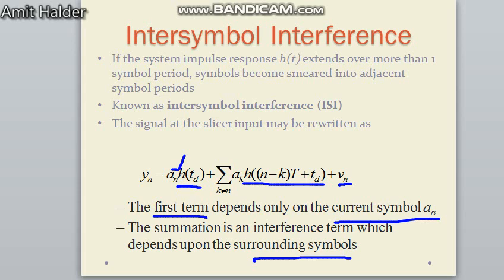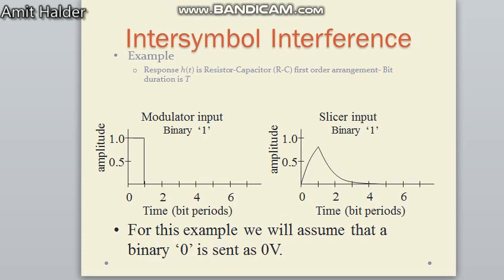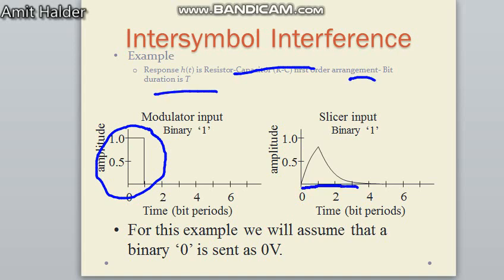But if you want to see it visually, we will go through this. You can see here there is a modulator input, and it has some h(t) values, a resistor capacitor first order arrangement, with bit duration T. The bit duration is spread out because of the collision, because of the interference.